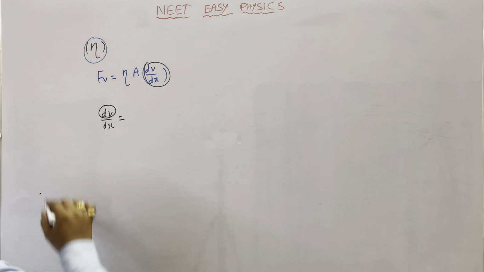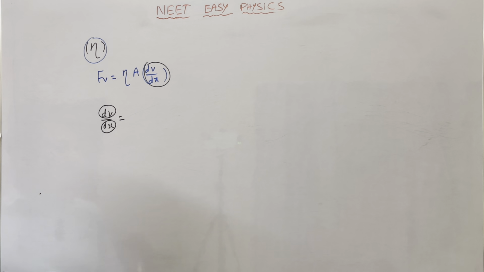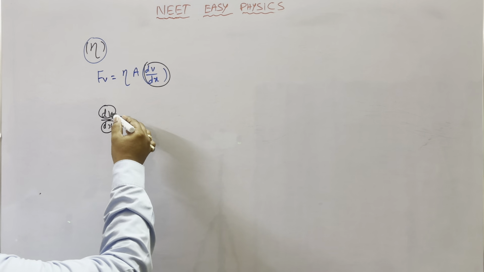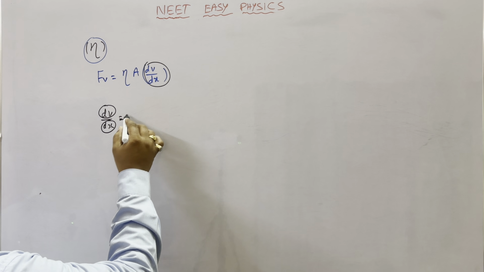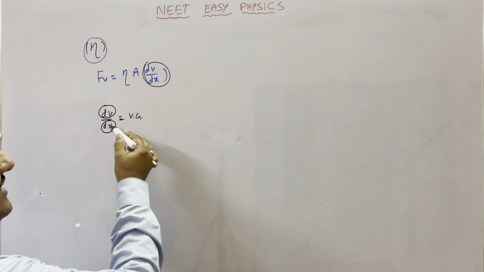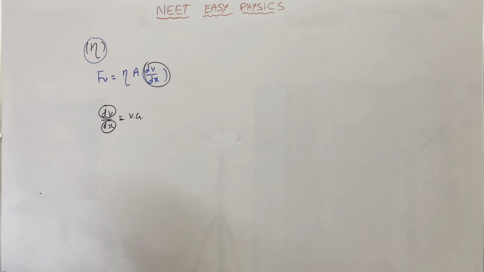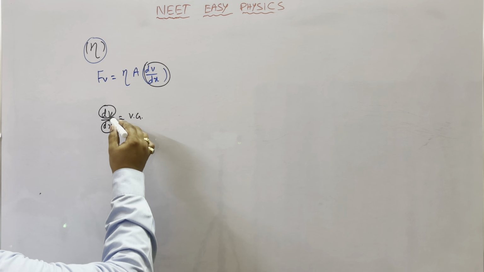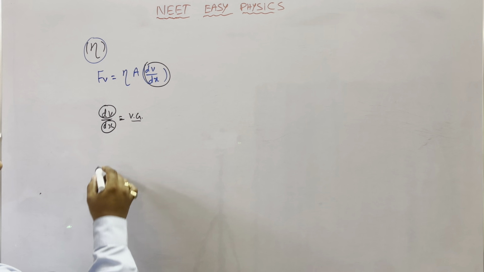V means velocity, dx means distance. If velocity is changing with respect to distance, this is called velocity gradient. You will get this in fluid mechanics. Change in velocity with respect to distance is called velocity gradient.